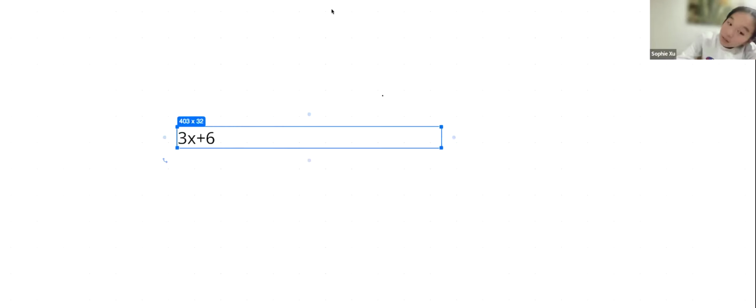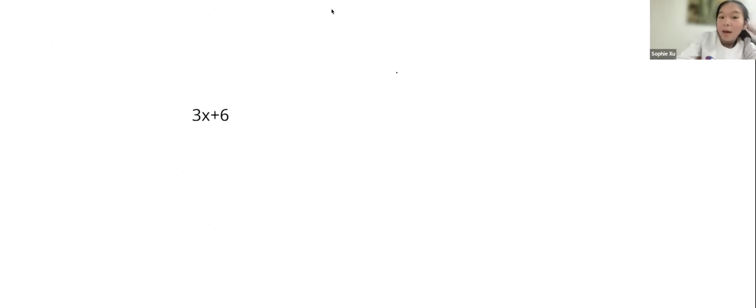Anyways, let's say 3x plus 6. How would you factorize this, assuming it's the opposite of expanding?